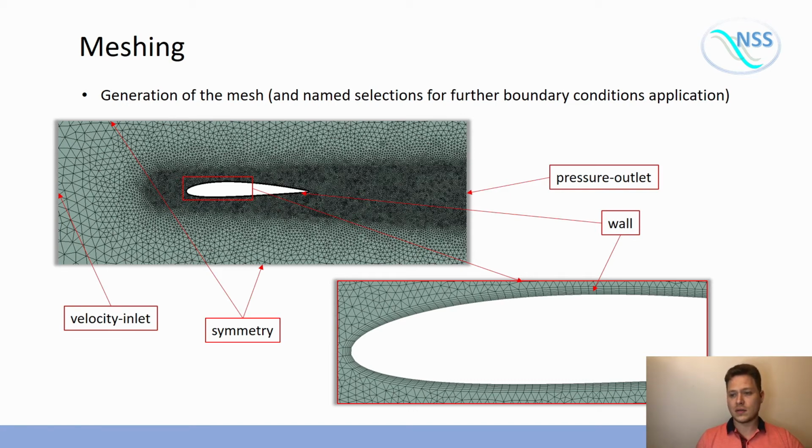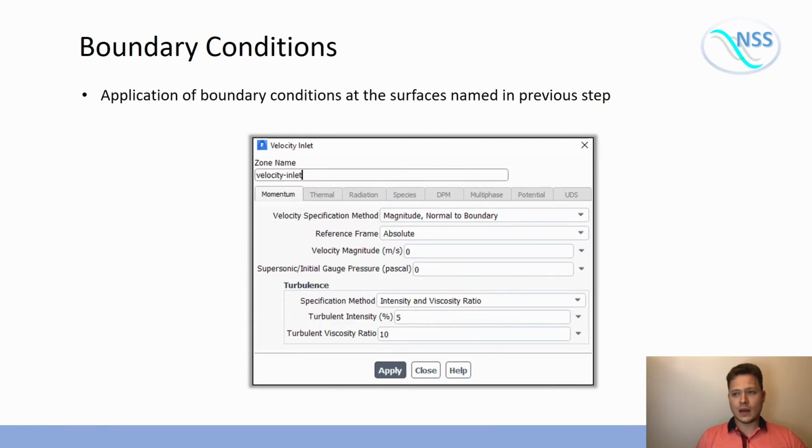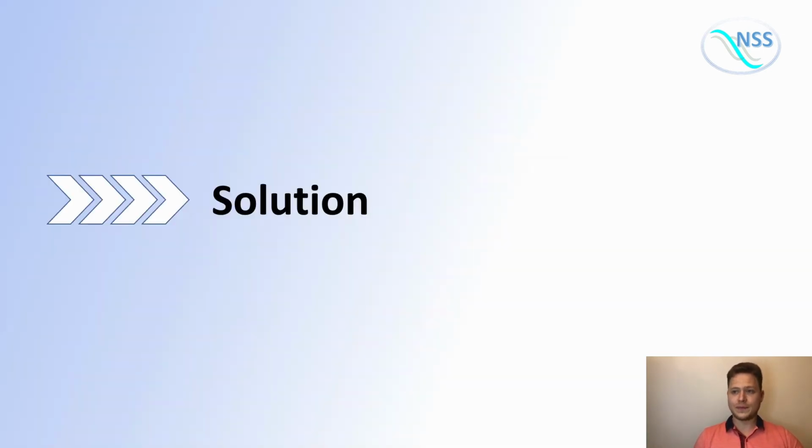I applied several symmetries, the pressure outlet, and obviously a wall, which is our NASA airfoil. After we prescribe the boundary conditions, we have to prescribe the parameters of those boundary conditions. For this case, it's the inlet velocity, which has to take some magnitude, some value.